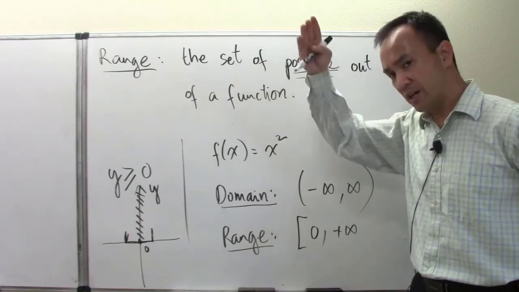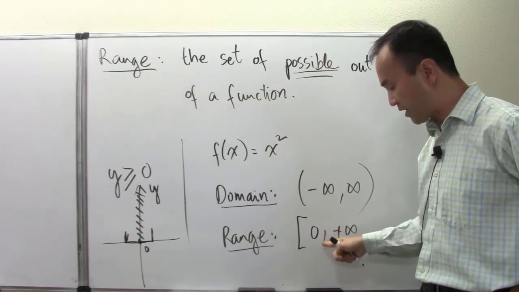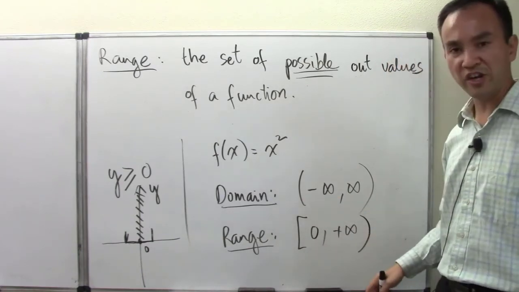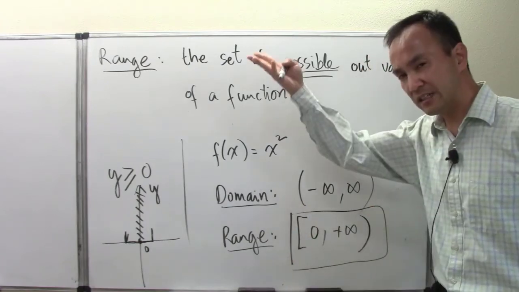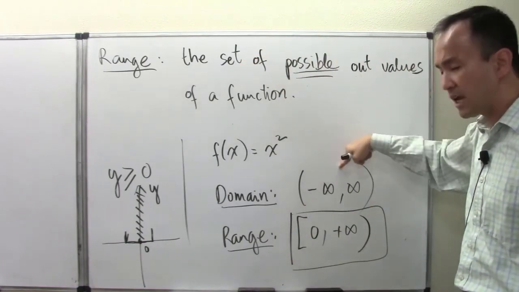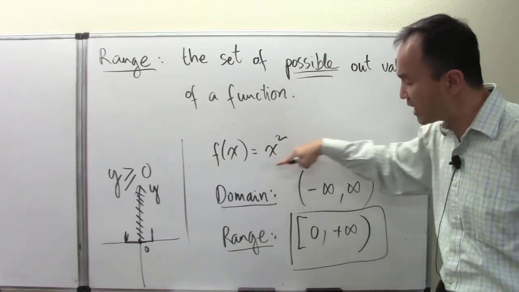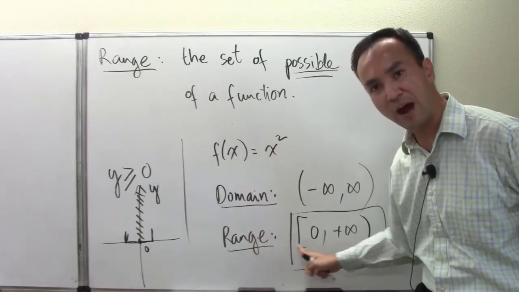Anywhere else it's just positive values. So including 0 and anywhere above, that's the range. Now it's in interval notation, so this is the preferred form. The idea is that for any inputs within the known domain here, this function only came out with values.